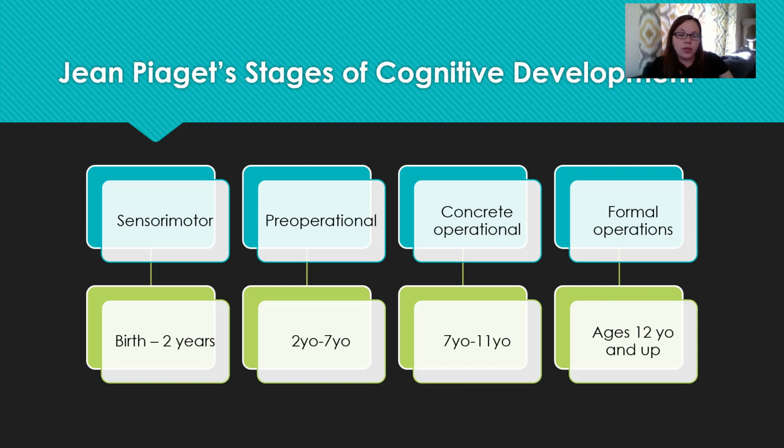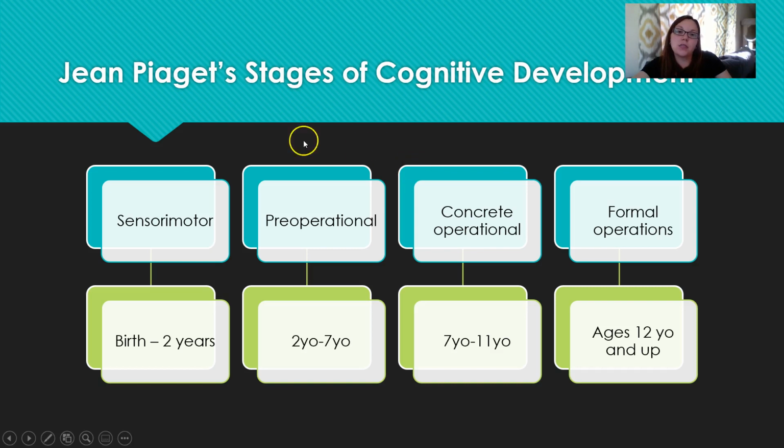Then moving into concrete, if you've ever worked with an 8 or 9-year-old, the world is very black and white to them. They're not capable of abstract thinking yet, but they can understand very solid concepts. Formal operations is where our teens and tweens are able to think in an abstract way.